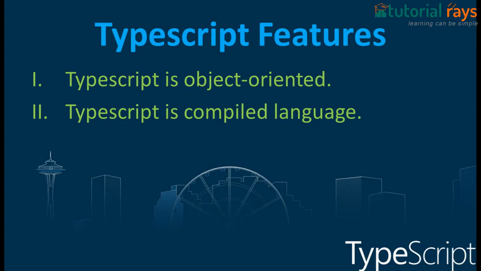So the benefit is that if there is any bug or problem, you can fix it at compile time only. You don't have to wait for checking at runtime. So it saves time, and it will have fewer problems.